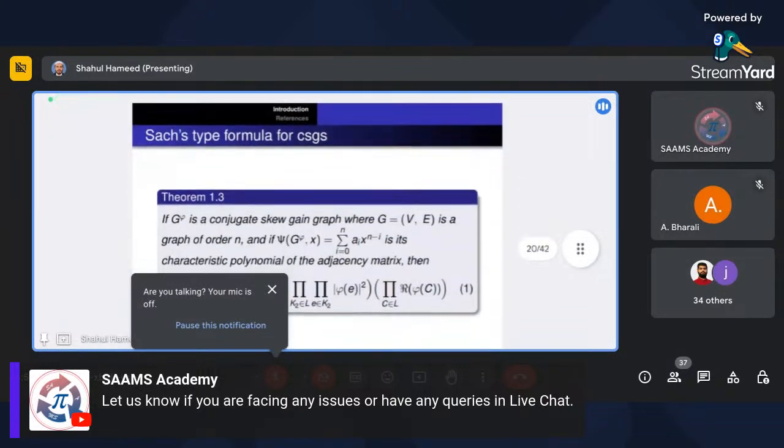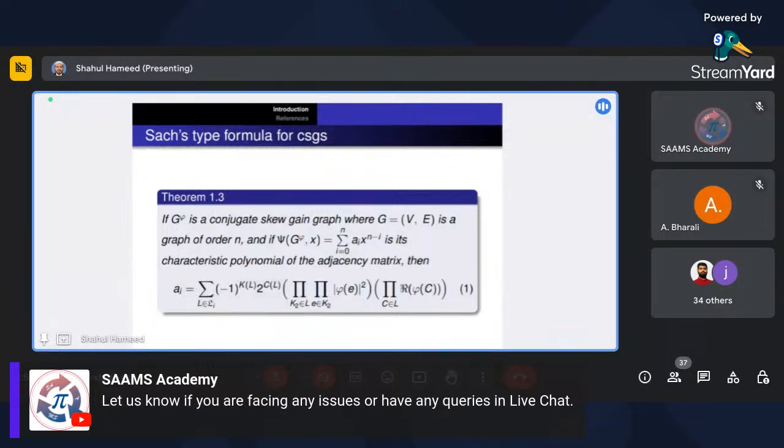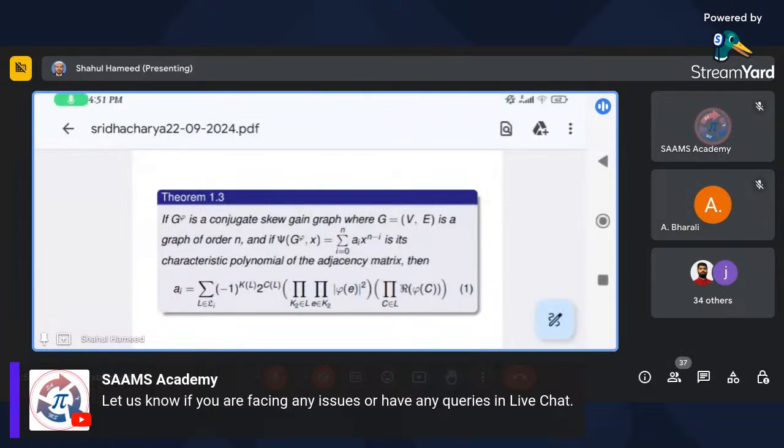Now, when you have that adjacency matrix, as Professor Ankur has mentioned, there is an interesting giving and taking policy between linear algebra and graph theory. You can see the characteristic polynomial, which comes from linear algebra as something associated with a matrix.